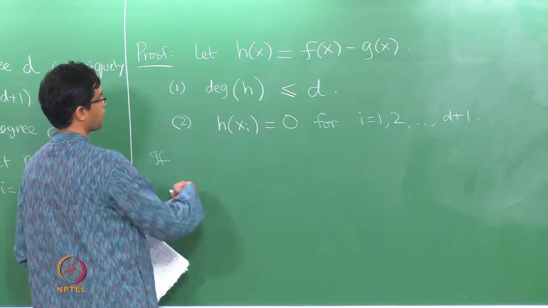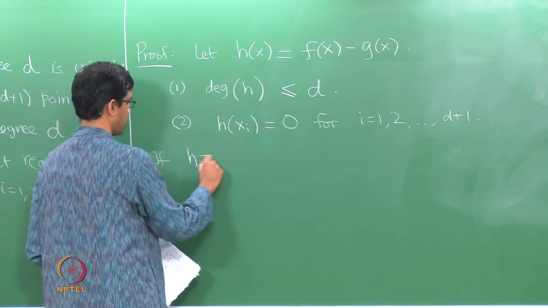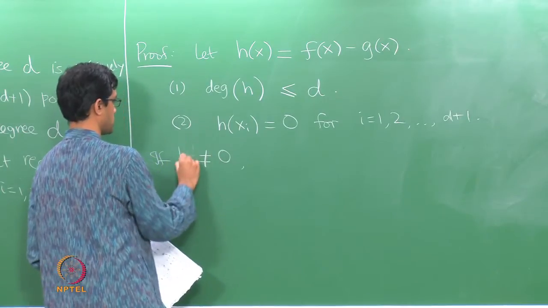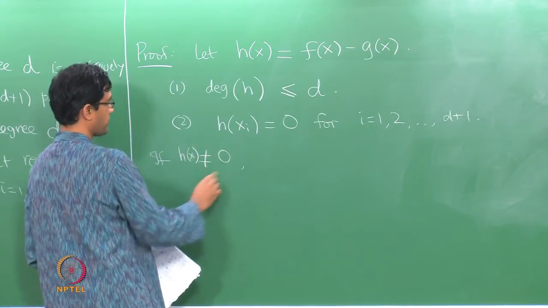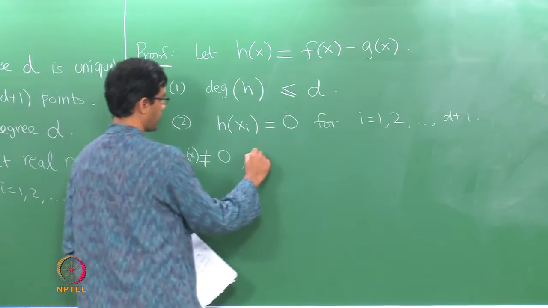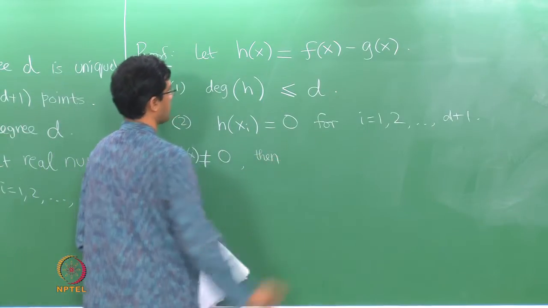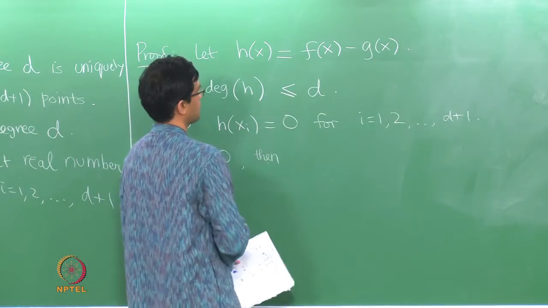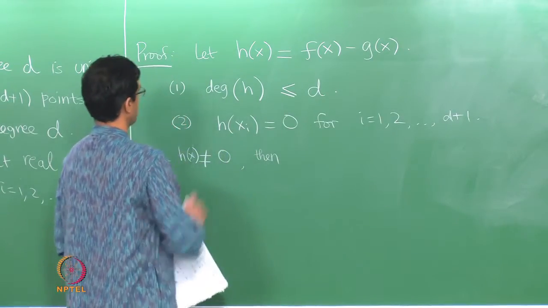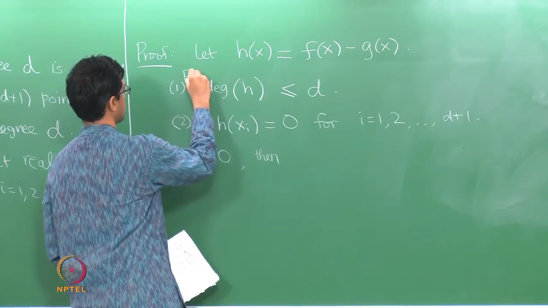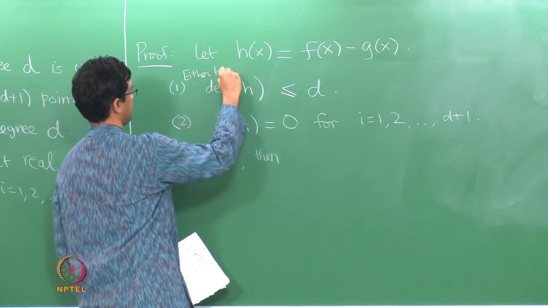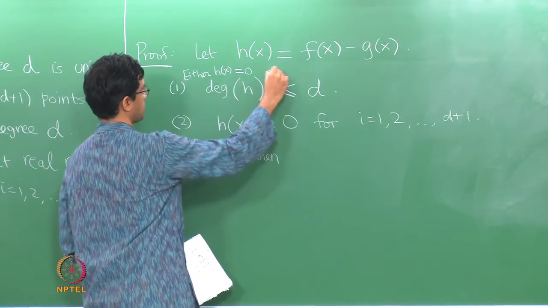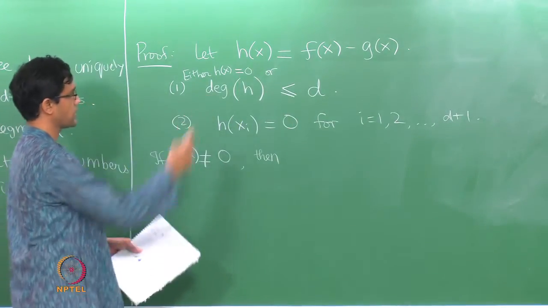Let us just complete the proof formally. I should be a little careful here, since I made a distinction last time: either h of x is 0, meaning identically the 0 polynomial, or it is non-zero and has degree at most d.